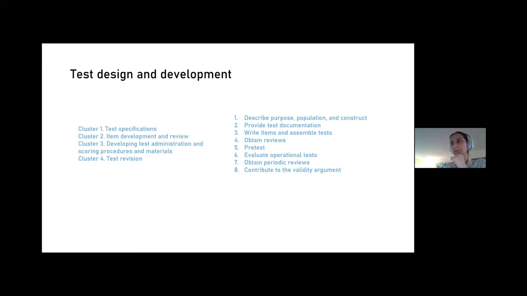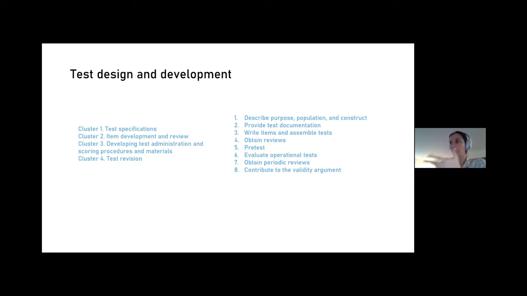And finally, contributing to the validity argument applies to all the clusters. And developers here should collaborate with researchers, psychometricians in collecting evidence of validity for the validity argument. And much of this evidence in building the validity argument is actually the responsibility of the test developers.